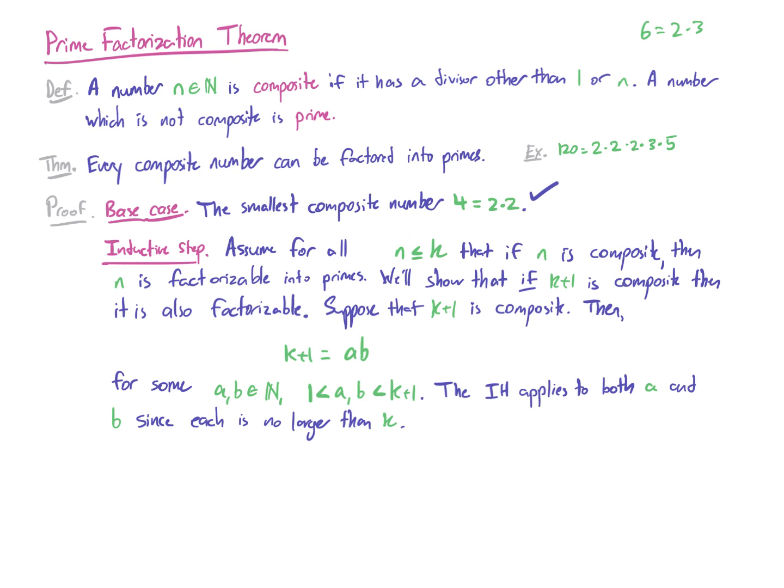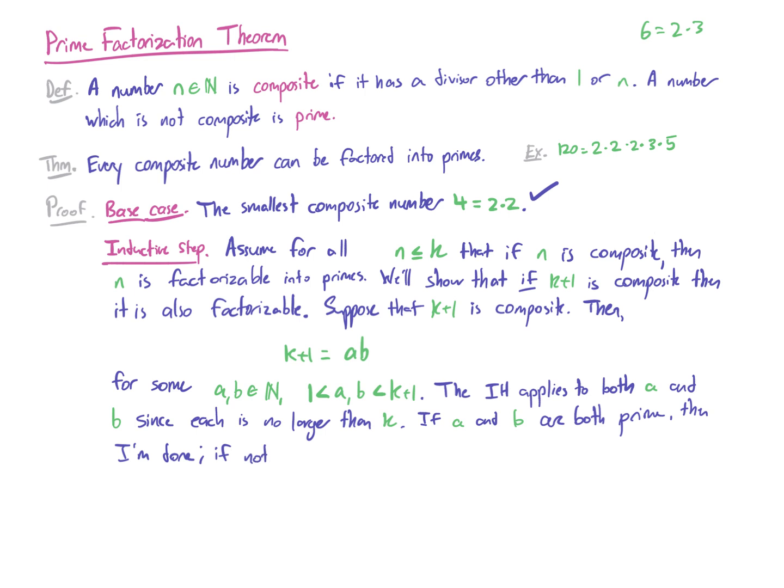I know that if they're composite, then they are factorizable. So if a and b are both prime, so that's a case, I'm doing a little mini proof by cases here, then I'm done. This would be my prime factorization if both a and b are prime.